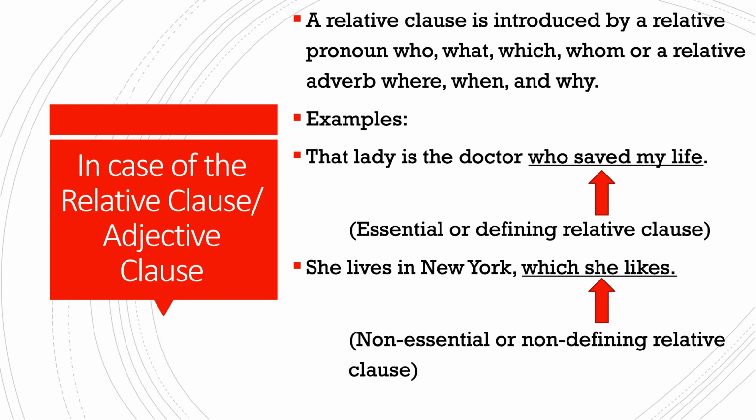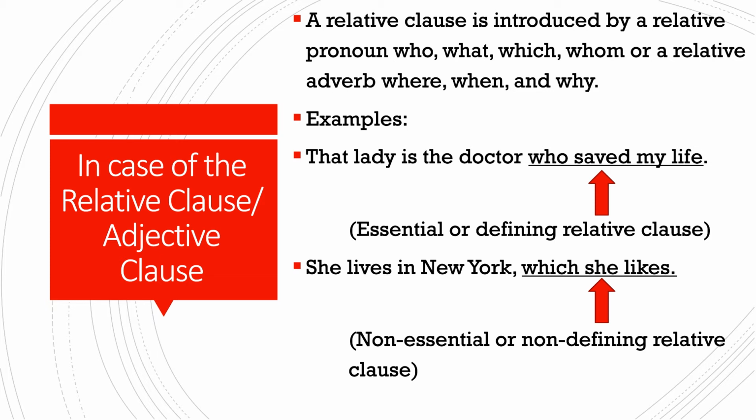A relative clause is introduced by a relative pronoun who, which, whom, that, or a relative adverb like where, when, or why. There are two types of relative clauses: defining or essential clauses, or non-defining or non-essential clauses. It's better to take up an example to understand it clearly.